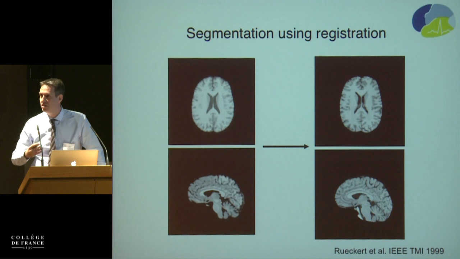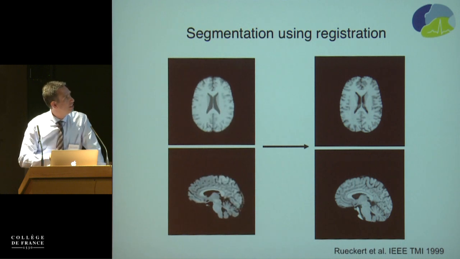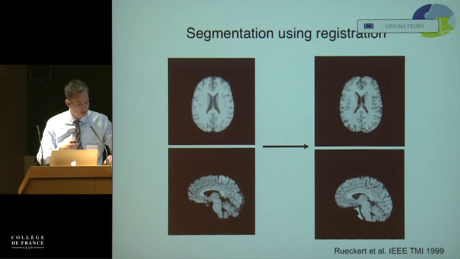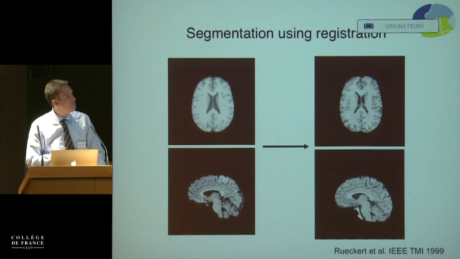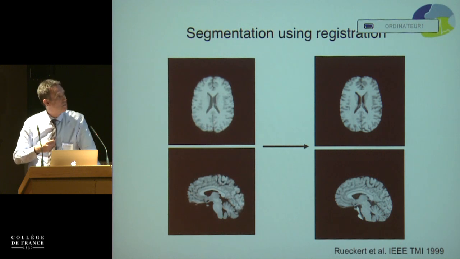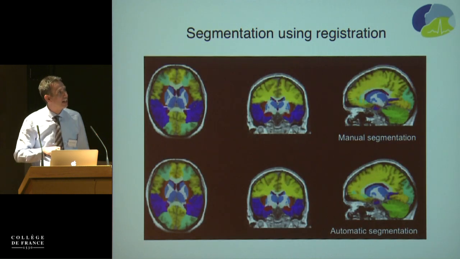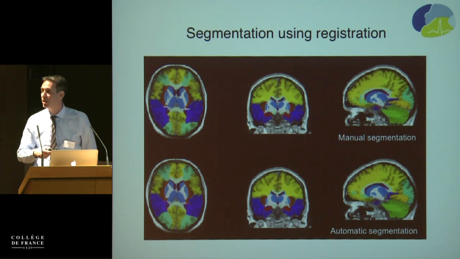And I can do this using a variety of algorithms. Here you see one example where I'm deforming one brain onto the configuration of another brain, and you can see this works reasonably well, and depending on what algorithms you use, you will obtain a quite reasonable looking segmentation.